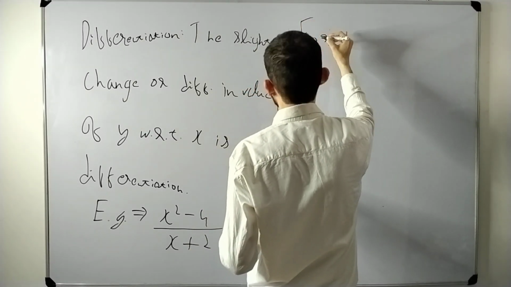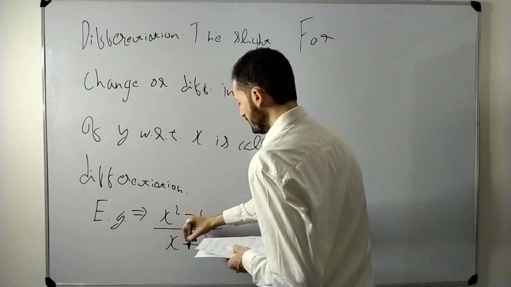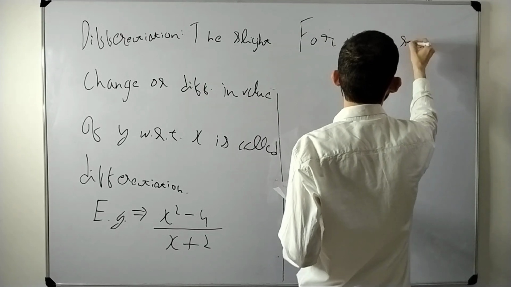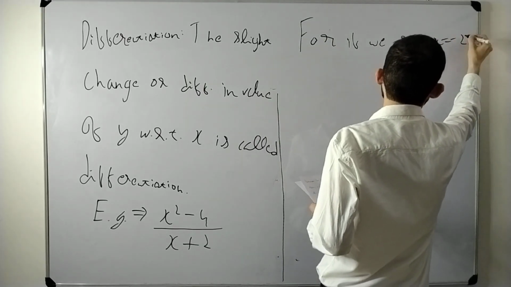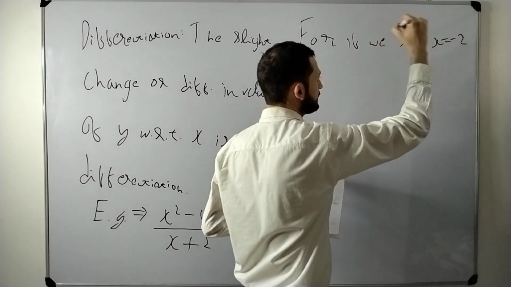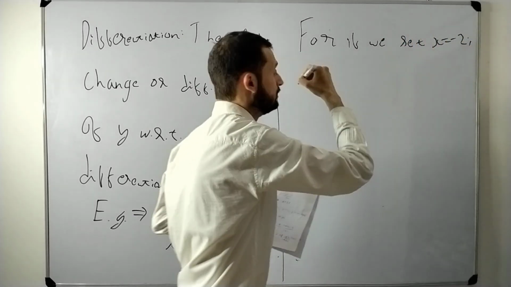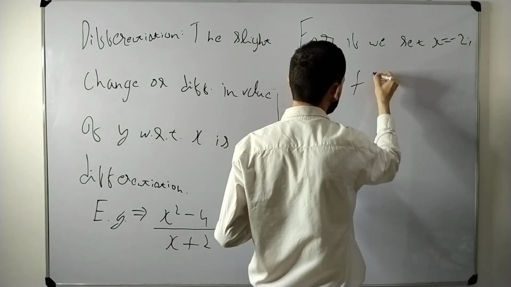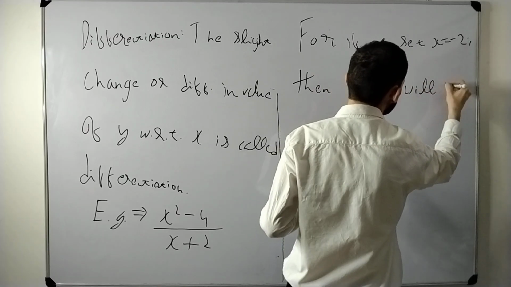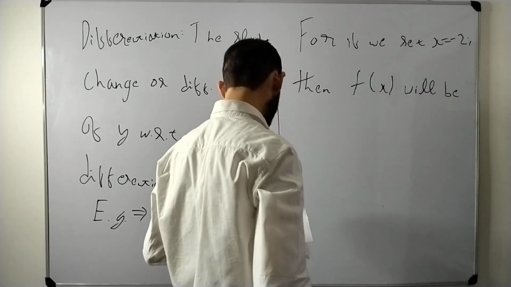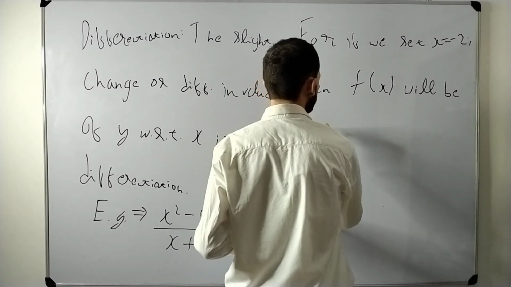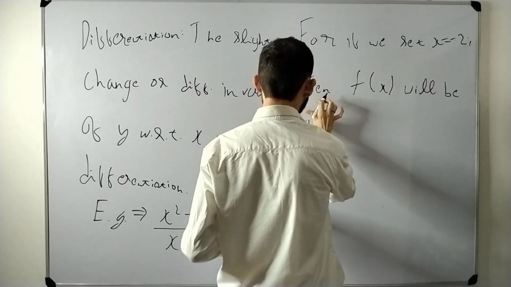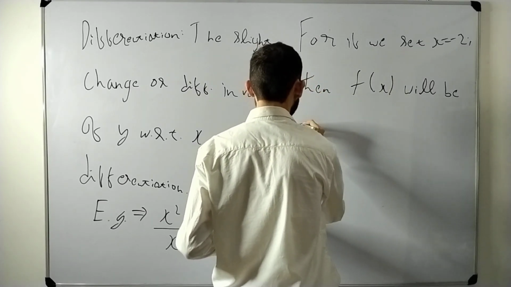Now we are discussing this function, x square minus 4x plus 2. If we set x equal to minus 2, then what will happen, students? The function of x will become undefined.